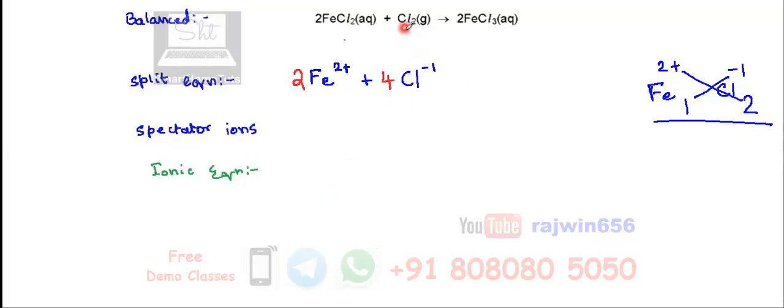I'm supposed to write over here chlorine gas. This chlorine gas is not going to get split, so this will be plus Cl2. This is what you missed out, Shana. Now I'm supposed to split this aqueous part. In FeCl3, the oxidation state or valency of Fe is Fe3 plus, so this will be Fe3 plus.